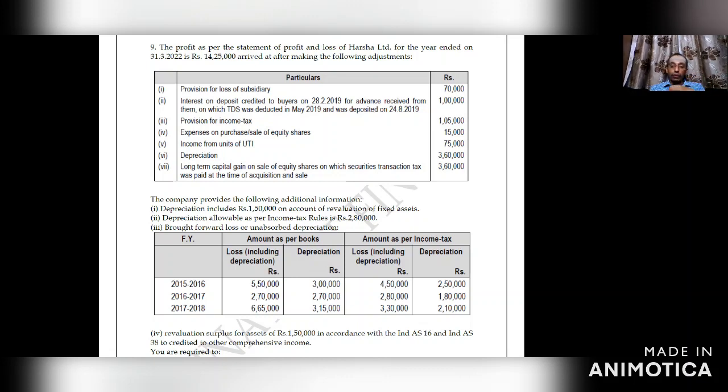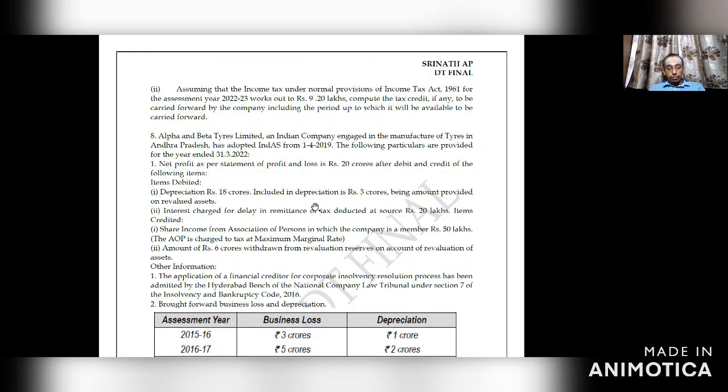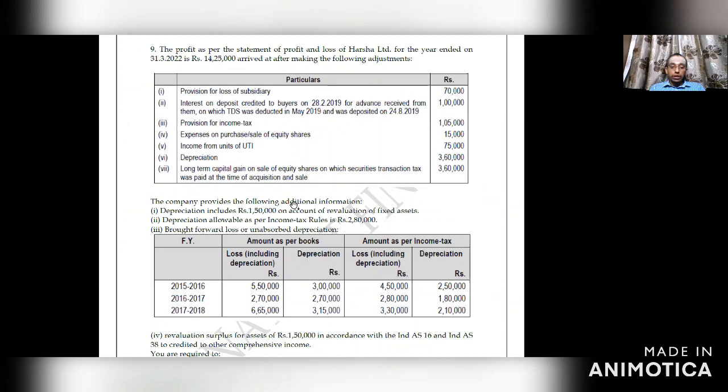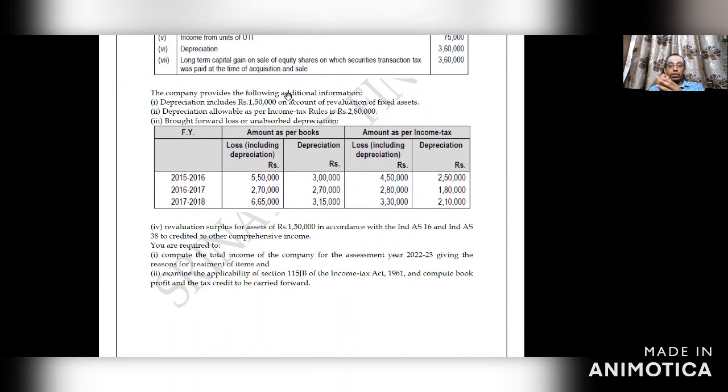Depreciation includes 1,50,000. Depreciation allowable as per income tax is 2,80,000. Then we have got loss including the depreciation as per the books and as per income tax. Then revaluation reserve 1,50,000 as per OCI. You are required to compute the total income, examine the applicability of 115JB, book profits, as well as the tax paid, if any, to be carried forward.